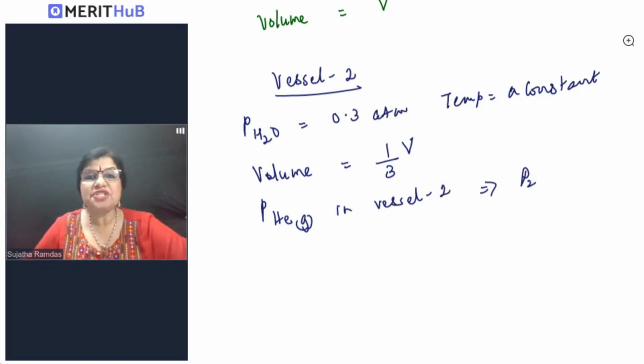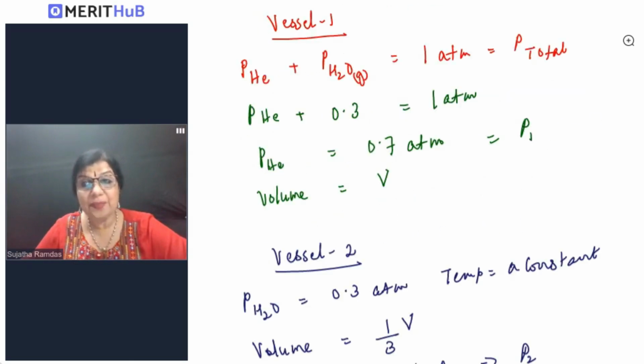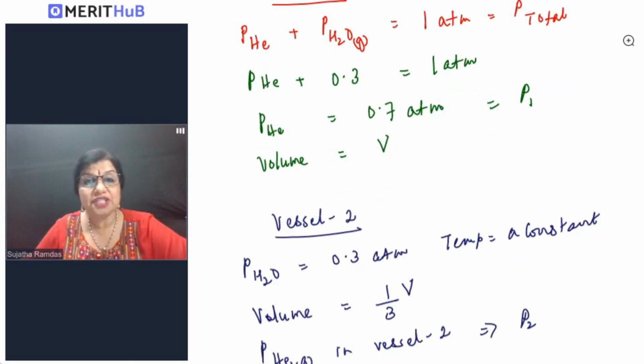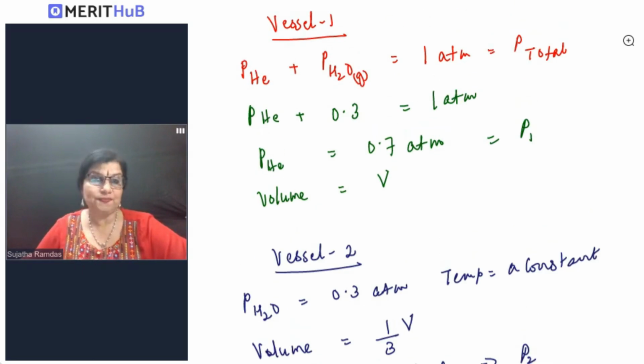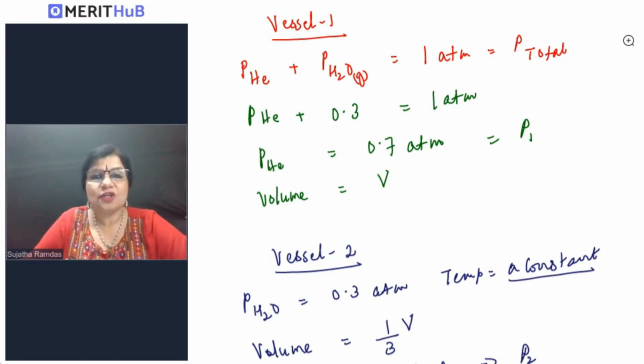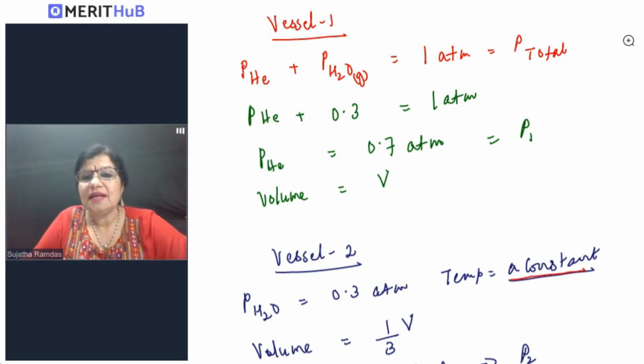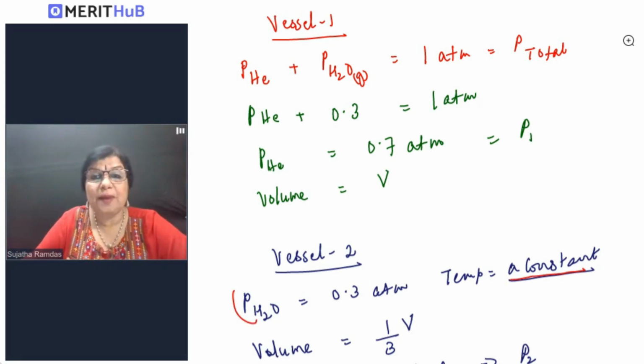So partial pressure of helium in vessel 1 was called P1. We are calling the partial pressure of helium gas in vessel 2 as P2. Now you notice that temperature is maintained a constant, right? At constant temperature, the partial pressure of water vapor is also maintained a constant.